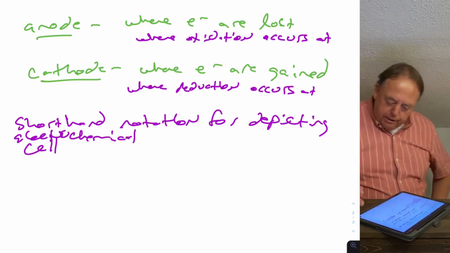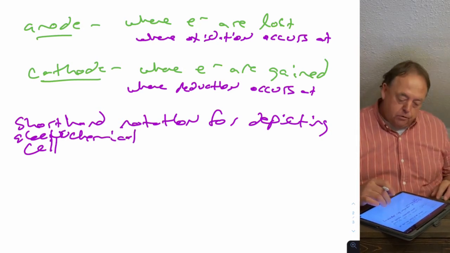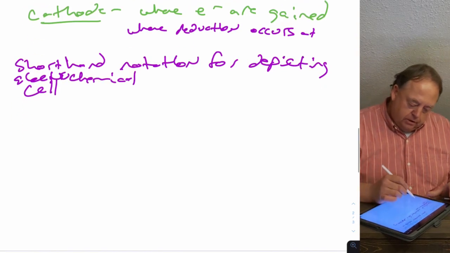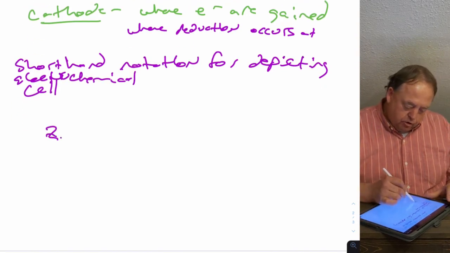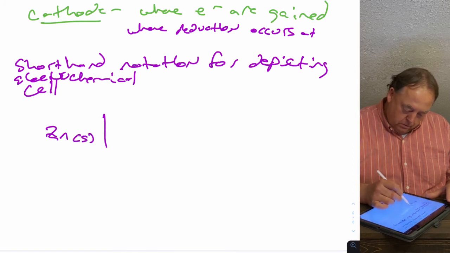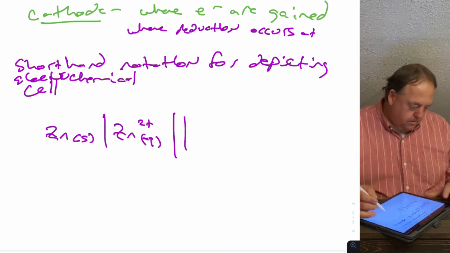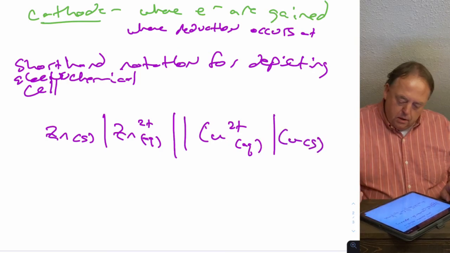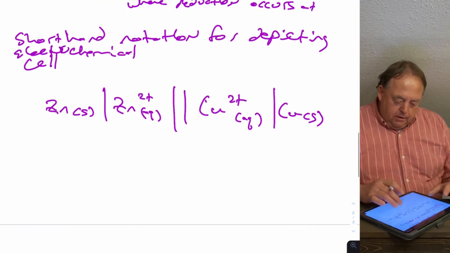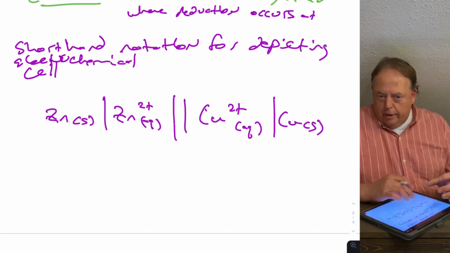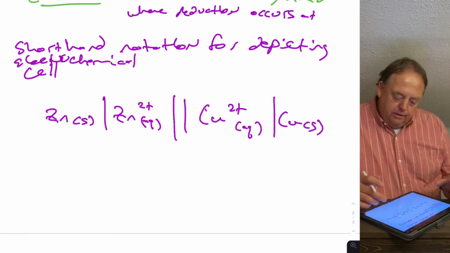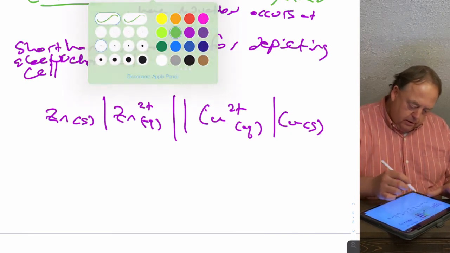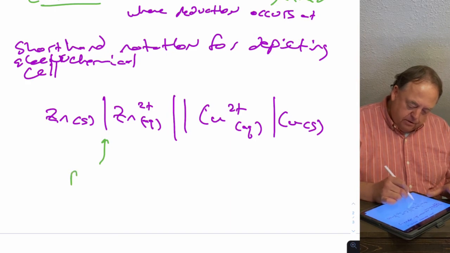Okay, so there's a shorthand notation for how to depict an electrochemical cell. The shorthand notation for this electrochemical cell that we just constructed would look like that. You always put the anode reaction on the left and the cathode reaction on the right. The symbol here, the line, is a phase barrier.